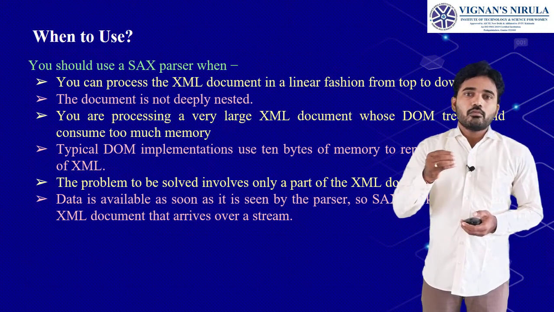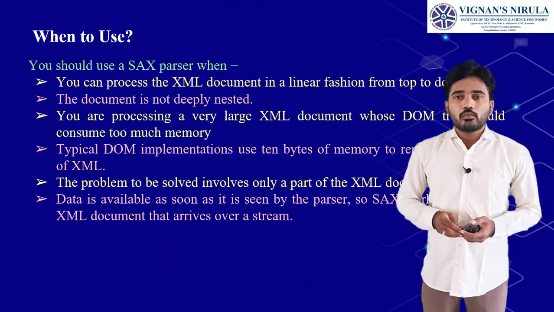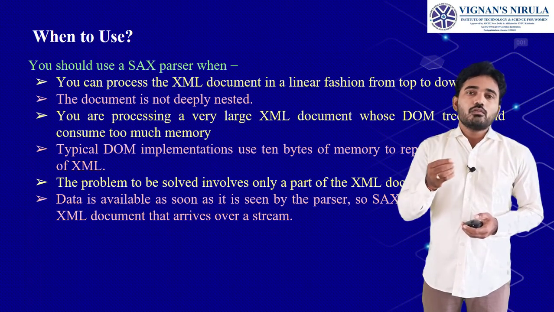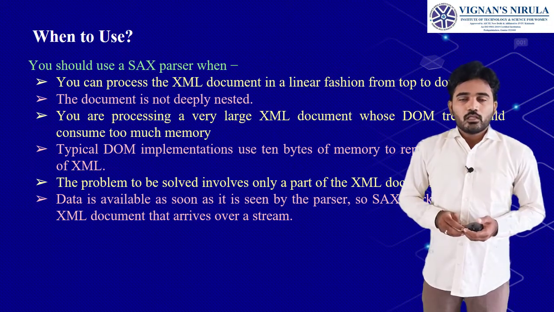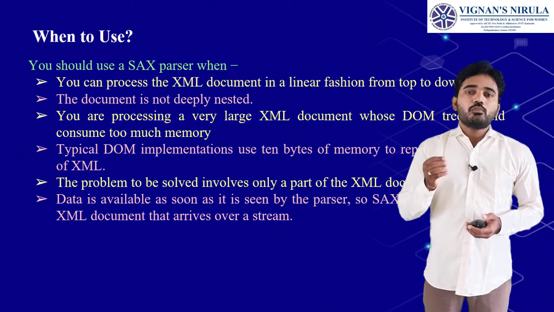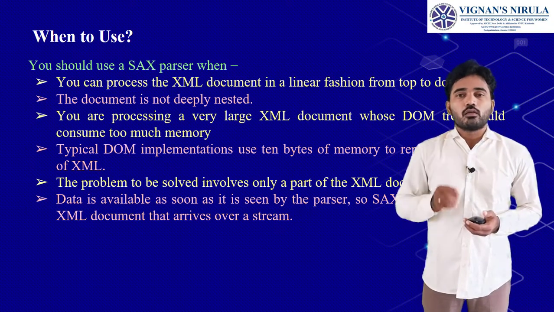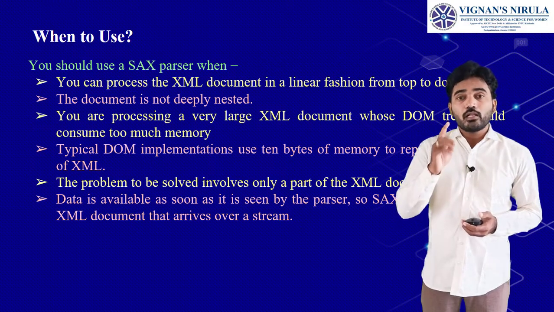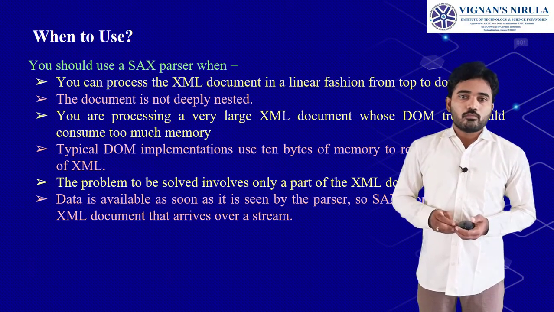You also use it when you are processing a very large XML document whose document object model tree would consume too much memory, since typical document object model implementations use 10 bytes of memory to represent only 1 byte of the XML document.